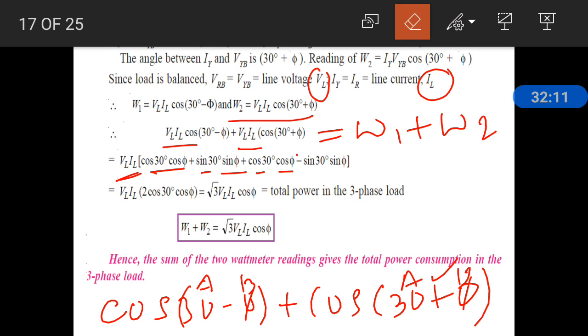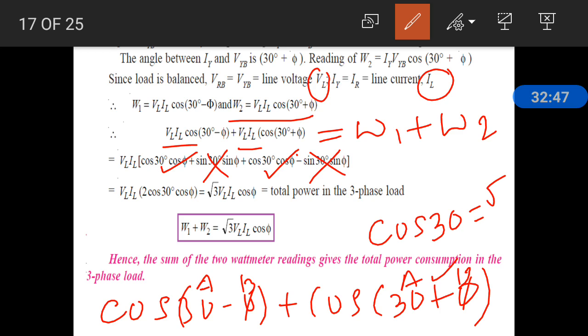So plus sin 30 sin 5 and minus sin 30 sin 5 cancel each other. Remaining is VL IL into cos 30 cos 5 plus cos 30 cos 5, so 2 times: VL IL 2 cos 30 cos 5. We know cos 30 equals root 3 by 2.